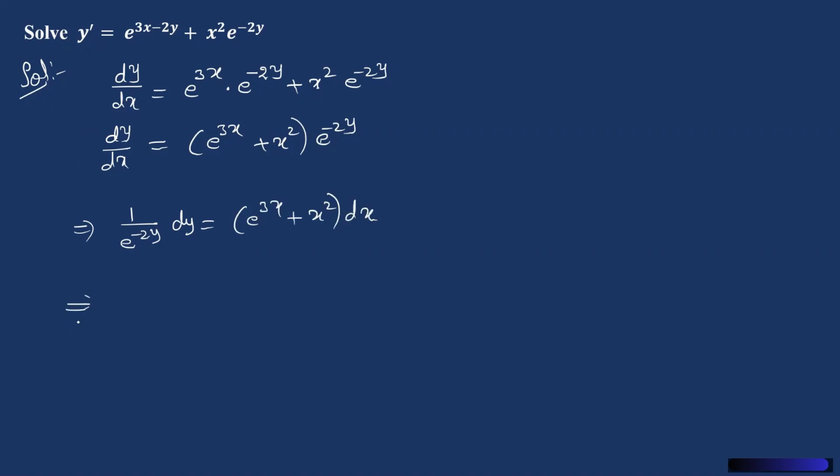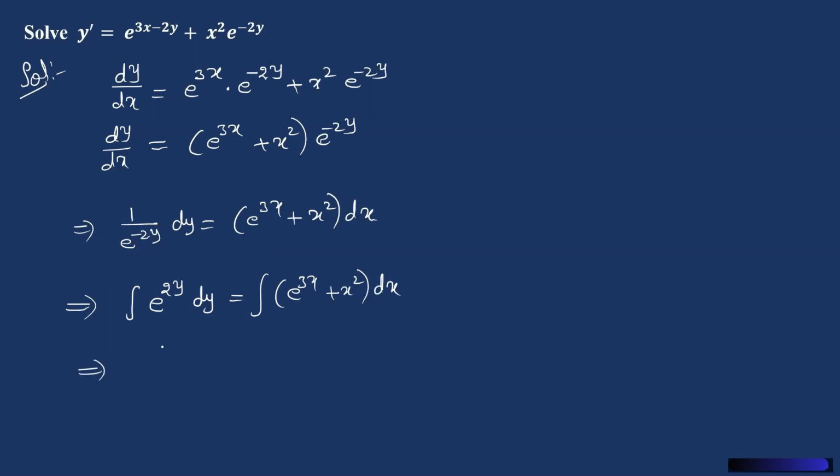And now we need to just take integration on both sides. On the left hand side, you have e power minus 2y in the denominator, so you can easily take this to the numerator, and it becomes e to the power of plus 2y dy is equal to e power 3x plus x square into dx.